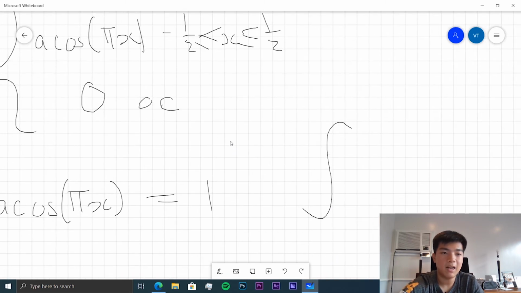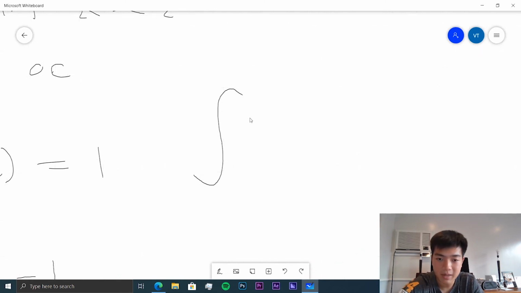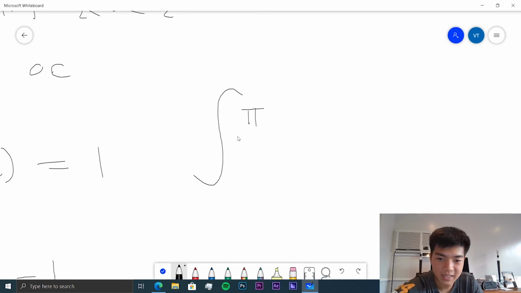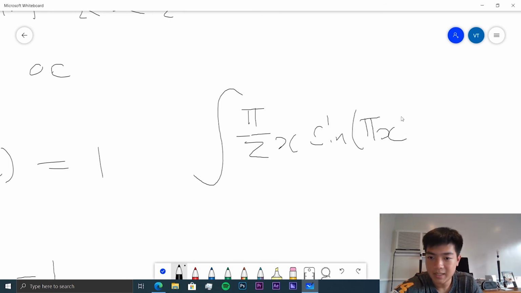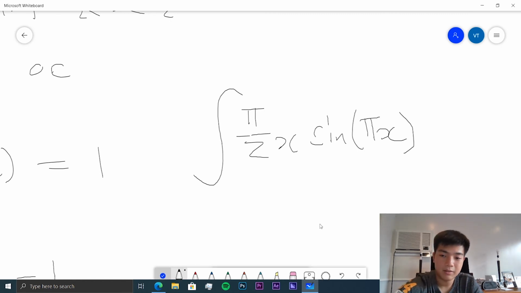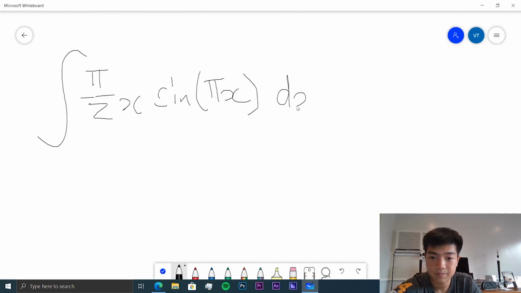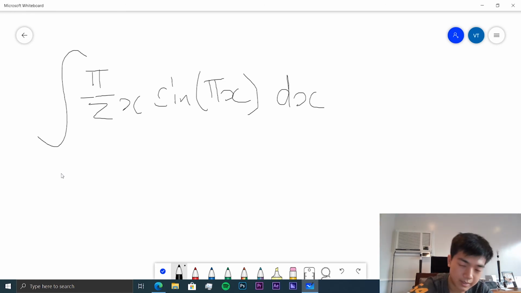We have pi over 2 x cosine pi x. We could do it using a calculator, but that's the easy way. This one looks like it's actually doable by integration by parts, dx, between -1/2 and 1/2.